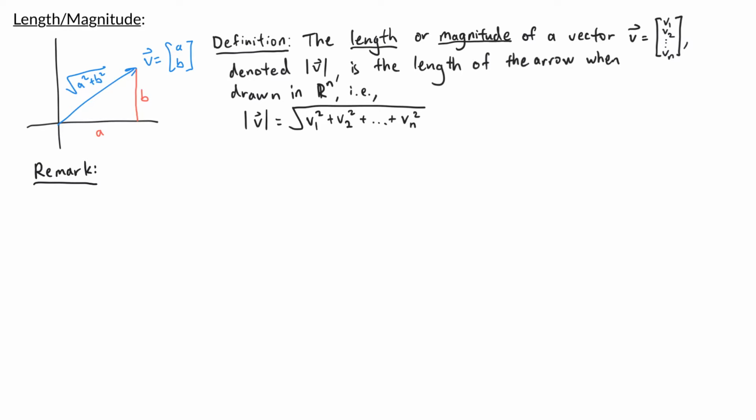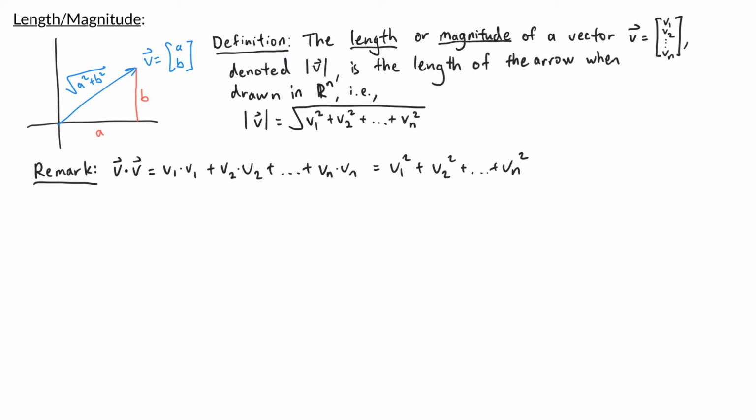Now notice if I take the vector v and take the dot product with itself, well, this would be the product of their first entries, so that's v1 times v1 plus the product of their second entries, v2 times v2, summed up through the product of the last entries, vn times vn, which is v1 squared plus v2 squared summed up through vn squared.